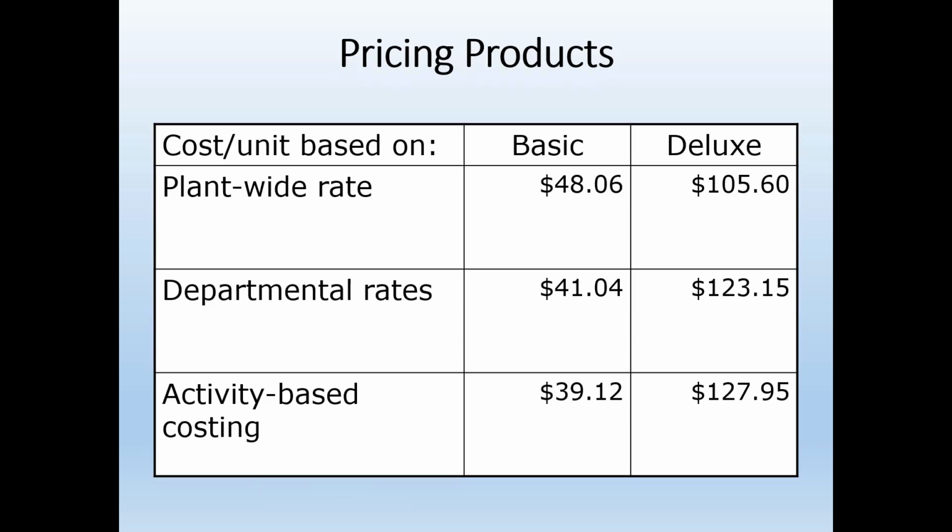In parts 1 and 2 of this chapter, we found that XYZ would have a different understanding of how much it costs to make a basic unit or a deluxe unit, depending on whether the firm chose to use a plant-wide rate or departmental rates or activity-based costing to allocate its overhead.